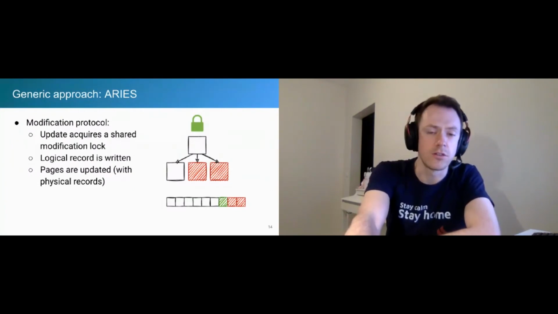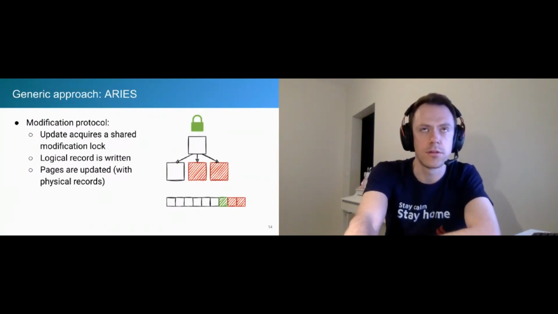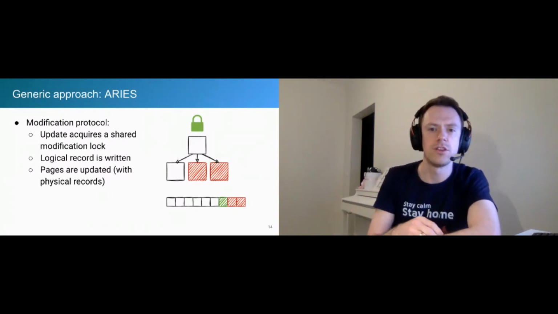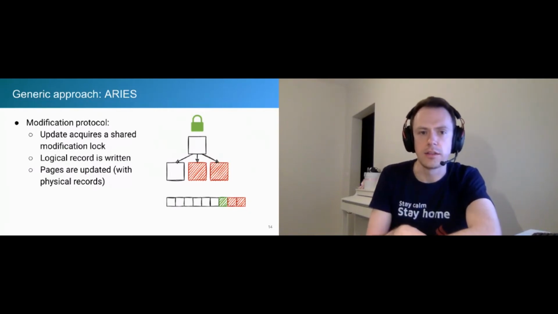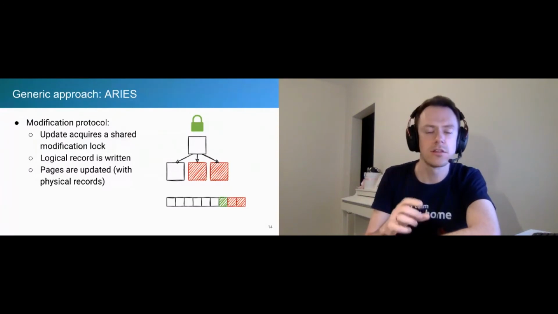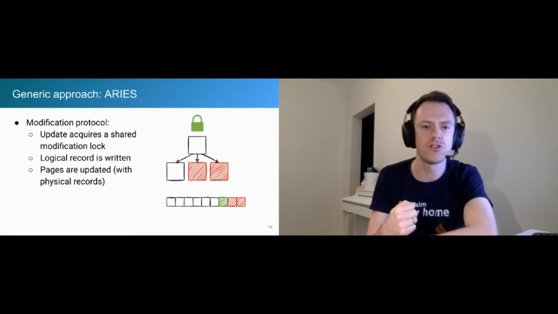And as a part of this protocol, when the changes are applied to pages, physical records are written as well to the write-ahead log. One of the important things in this protocol is that physical changes to the write-ahead log must be written before the write lock to the page is released.